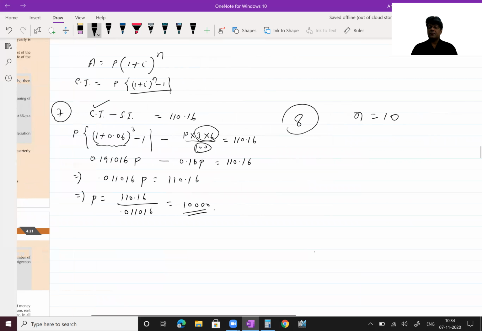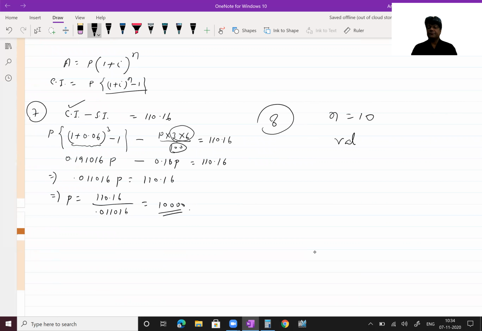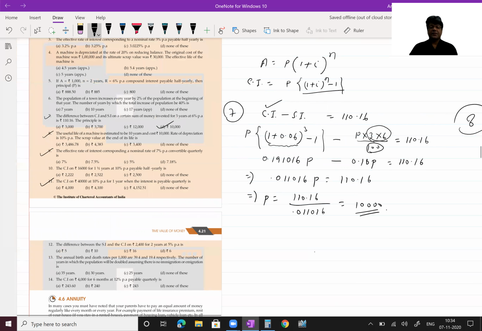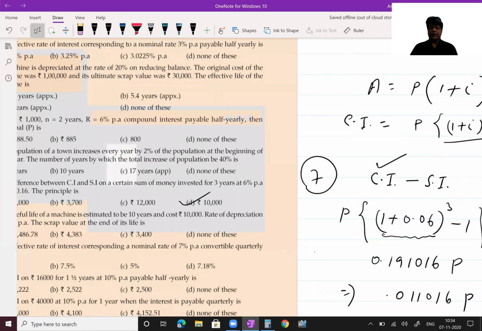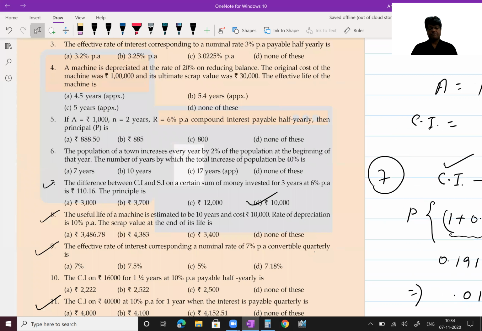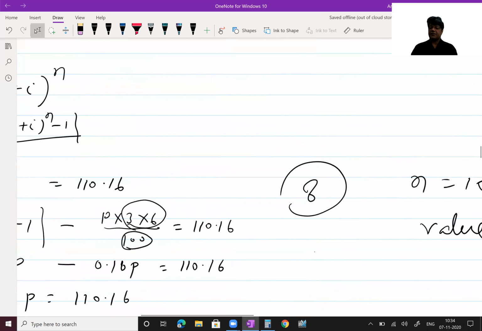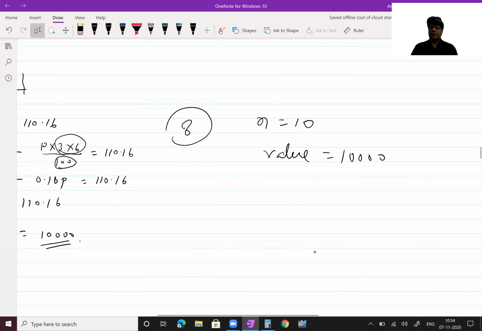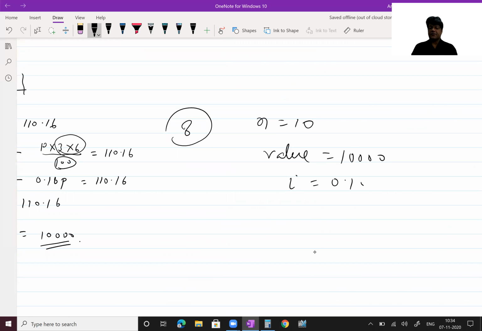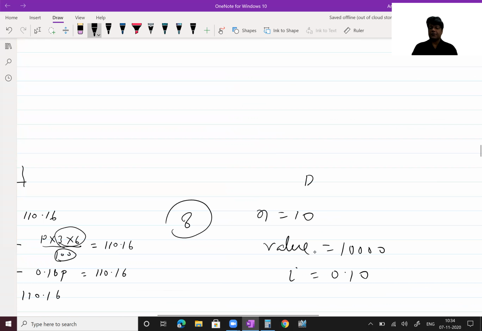Okay, so the machine's value is equal to 10,000. The rate of depreciation is 10%. The scrap value at the end of its life. Okay. Rate of depreciation is 10%, 0.10. Guys, all of us, the question is on depreciation, that should be coming to your mind.